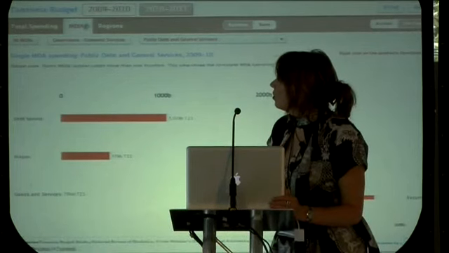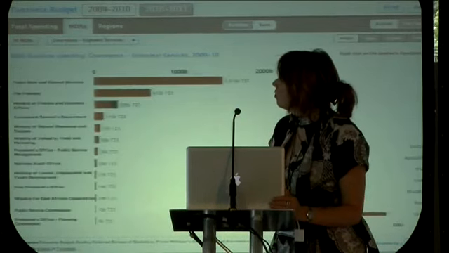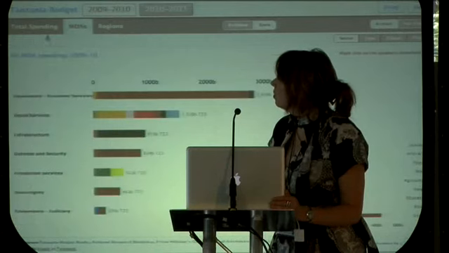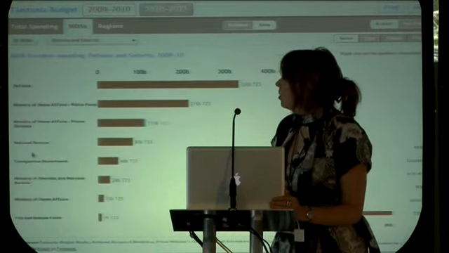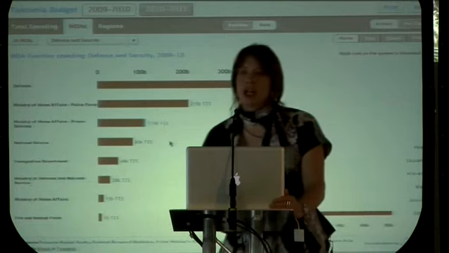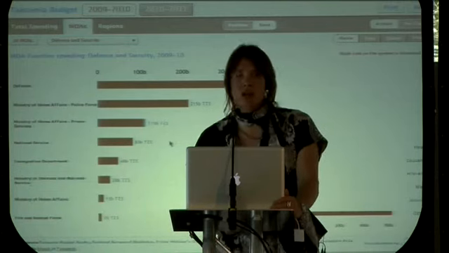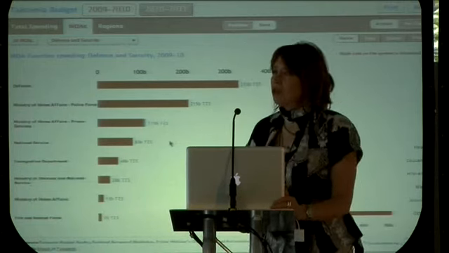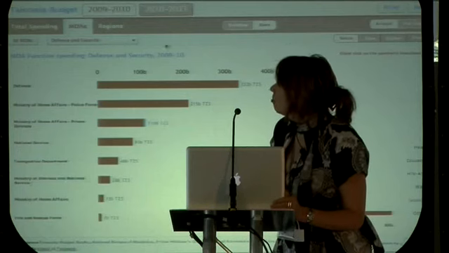Something else I find interesting: I'm going to go back to the bar view and go to defence, because I have a suspicion. A few days ago, the client asked us to remove something from the drill down here.